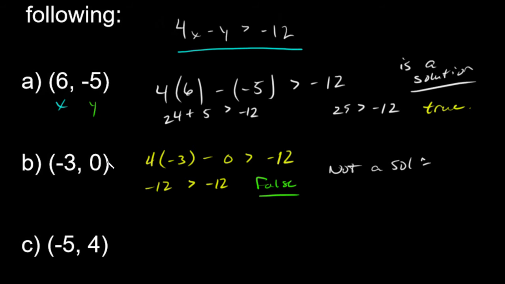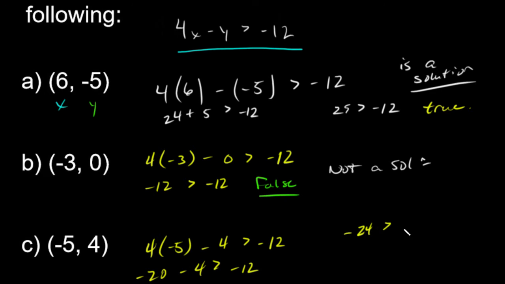How about the next one? Is this a solution? Well, I'm going to plug it in to find out. I get negative 24 is greater than negative 12. Is negative 24 greater than negative 12? Well, no. Negative 24 is more negative than negative 12 is, so it's not greater. So this is false again.